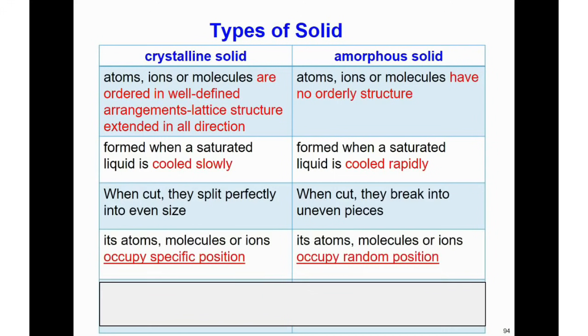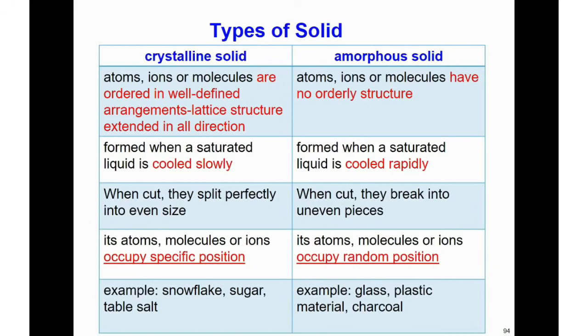The next one, for crystalline solid, its atoms, molecules or ions occupy specific positions. But for amorphous solid, its atoms, molecules or ions occupy random positions.